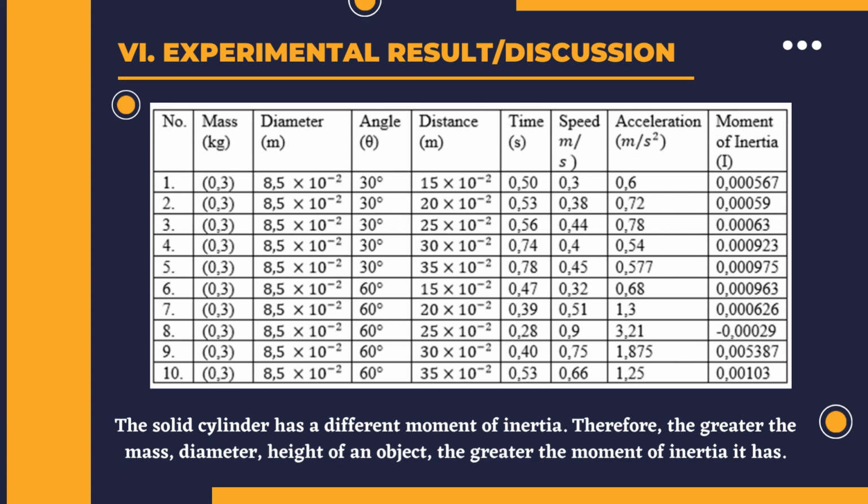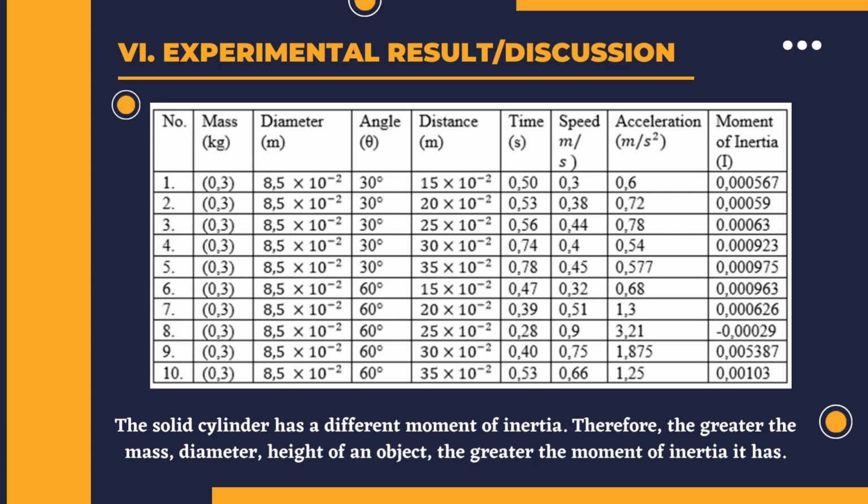From the table, this experiment is entitled The Moment of Inertia, which consists of 10 different experiments. In the experiment, namely determining the moment of inertia of the object, in theory, the practitioner measures the height, mass, diameter, time, and acceleration of each object or sample.